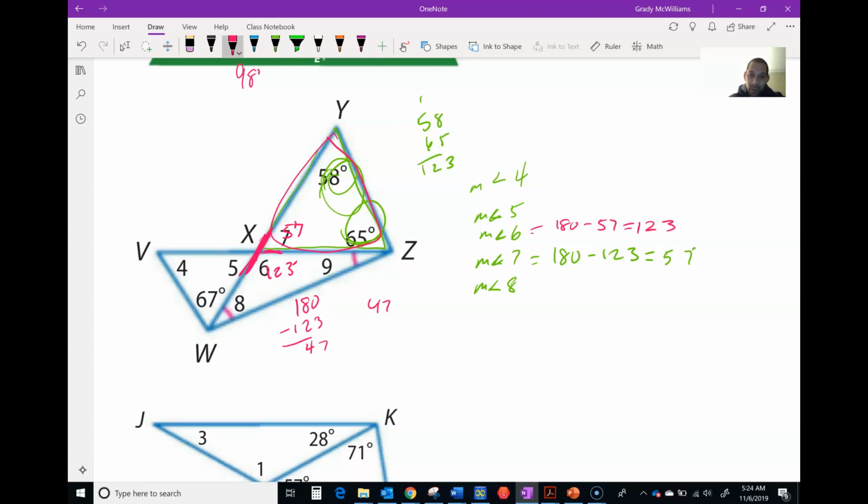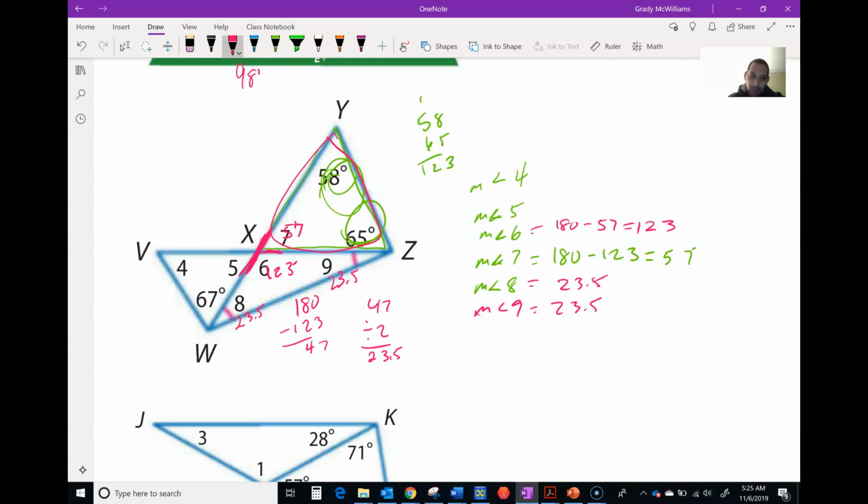Split that up by 2, and that would be 28.5. Angle 8 is 23.5, and this is 23.5. I didn't write down angle 9. It's 23.5, because those red arcs mean that they're going to be the same.